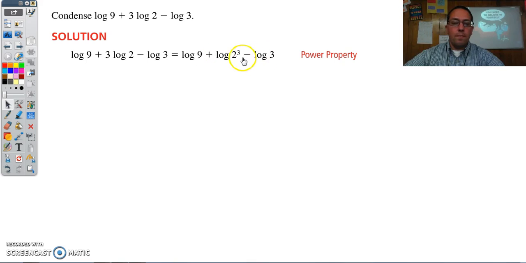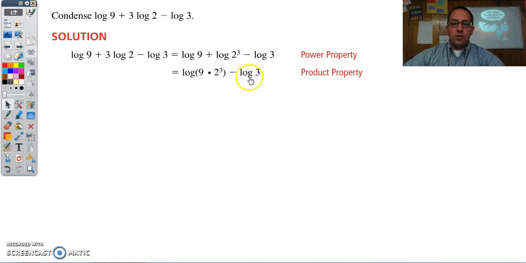All right. Next, we're going to take care of addition and subtraction. Addition is going to come first because it's in order left to right. So we have common log of 9 plus common log of 2 cubed, and that's addition, so this is going to be the product property, 9 times 2 cubed. All right. Multiply your arguments. Next, we're going to take care of the subtraction.